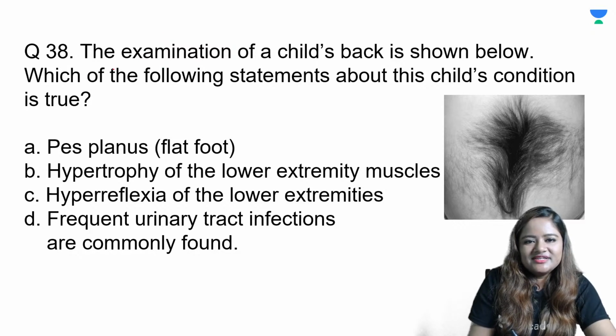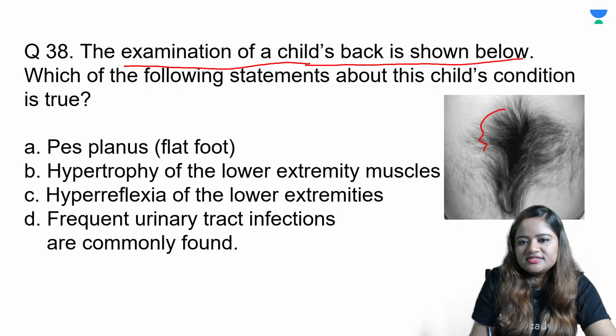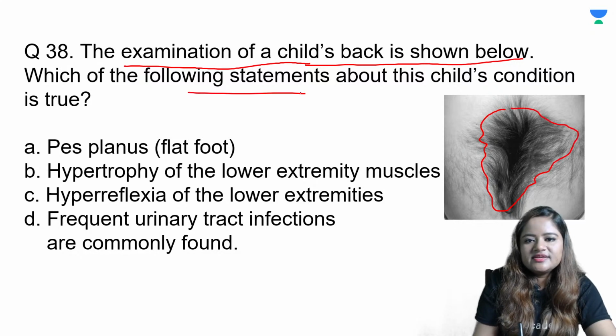So next question number 38. On examining the back of the child, you see what is shown in this figure. So what is this? This is tuft of hair. Okay, tuft of hair is seen. Which of the following statements about this child's condition is true?